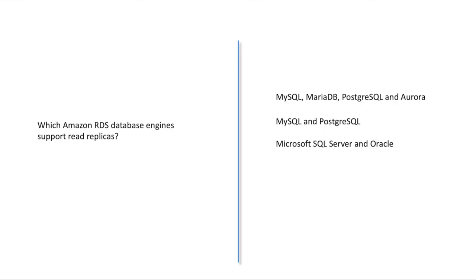You can go through them, MySQL, MariaDB, what features they have, whether they support read replicas or not. Why am I not covering it here? Because this information keeps getting updated and changed as and when new features get launched. So when you are going for an interview or certification, you need to go through all this data yourself. But still, the correct answer here is MySQL, MariaDB, PostgreSQL, and Aurora.